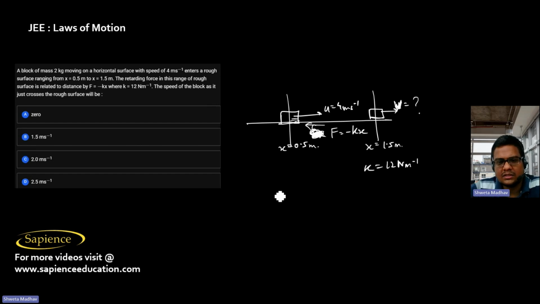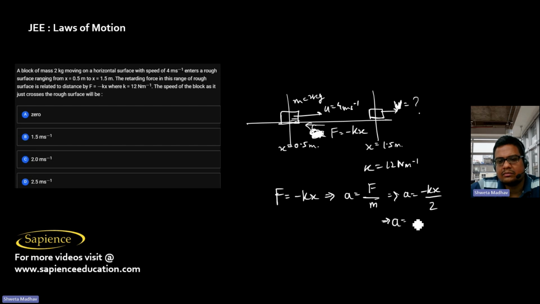So here we can say that force is equal to minus kx. So therefore acceleration, or the retardation, is equal to f by m. Mass is 2 kg. So acceleration will be equal to minus kx by 2, which is minus 12x by 2, that is, acceleration is minus 6x meter per second square.